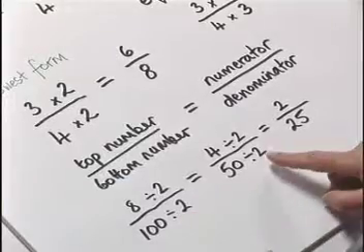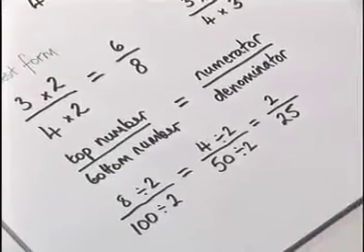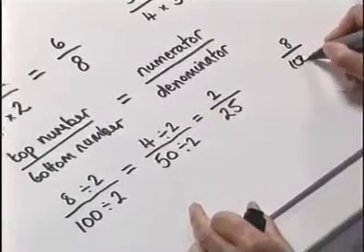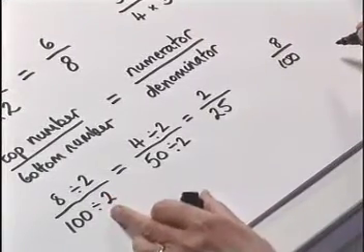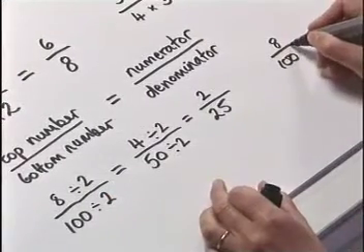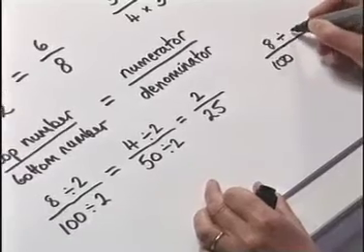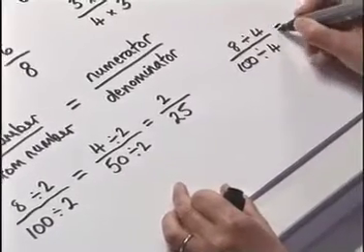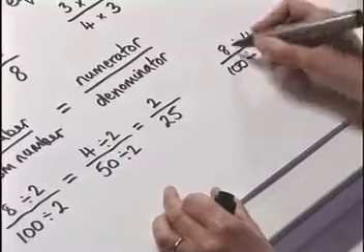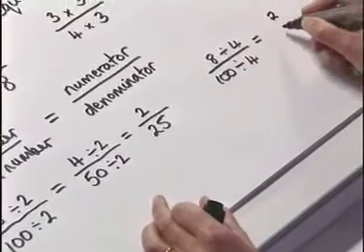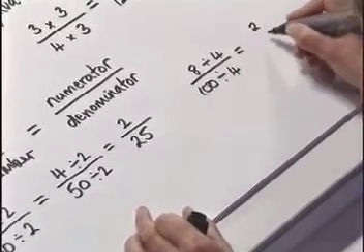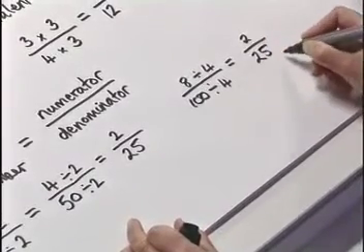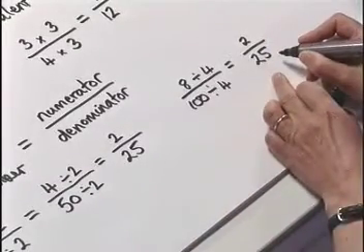Now, if we look here, we can see that in fact we could have divided by 4 straight away instead of dividing by 2 twice. Well, that's fine. If you've noticed that 4 was a factor of both the numerator and the denominator, you could have gone straight there, doing 8 divided by 4 was 2 and 100 divided by 4 was 25, and then check to see if you were in the lowest form.